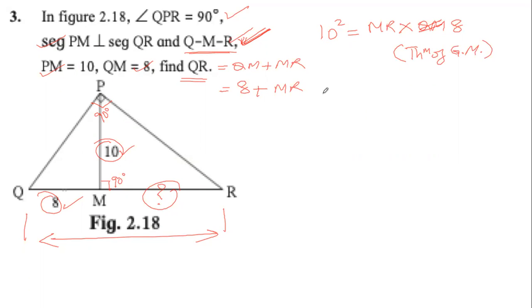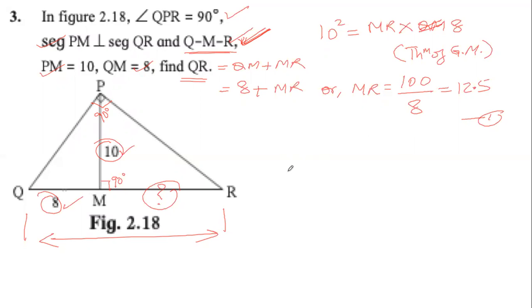Now, when we solve this equation, it's a linear equation in one variable. The variable is MR. If we change the sides, we will have MR equals 10 square, which is 100, divided by 8. And when you divide 100 by 8, you will get 12.5. This is your step number 1.